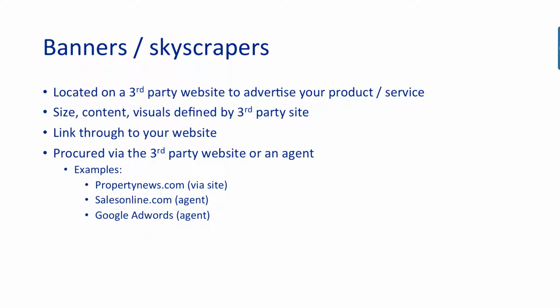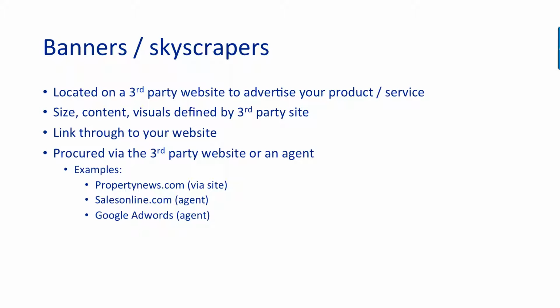Google AdWords also acts as an agent, so any website can sign up to be a Google partner and provide space on their website for other people to advertise on. As an advertiser, you can sign up via Google AdWords and say, I would like to place my advert on Property News, because you can buy ad space through the likes of Google for websites like Property News.